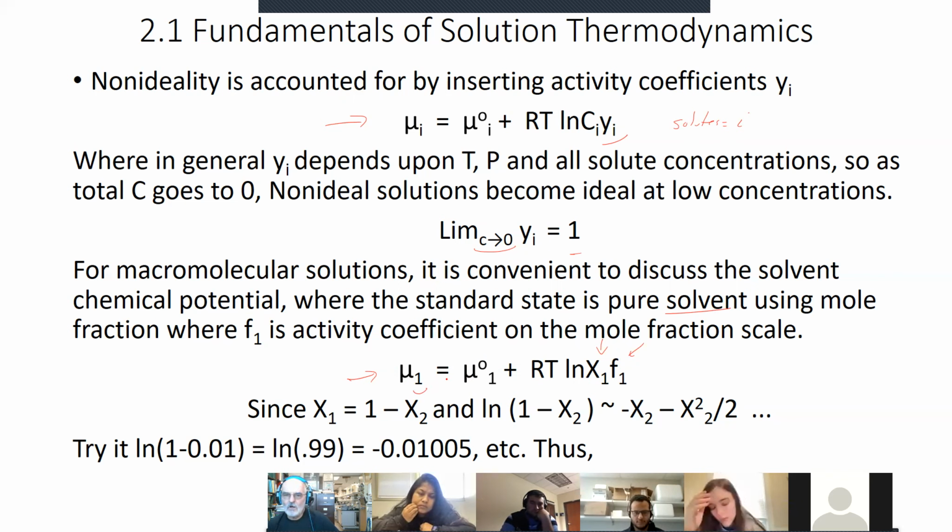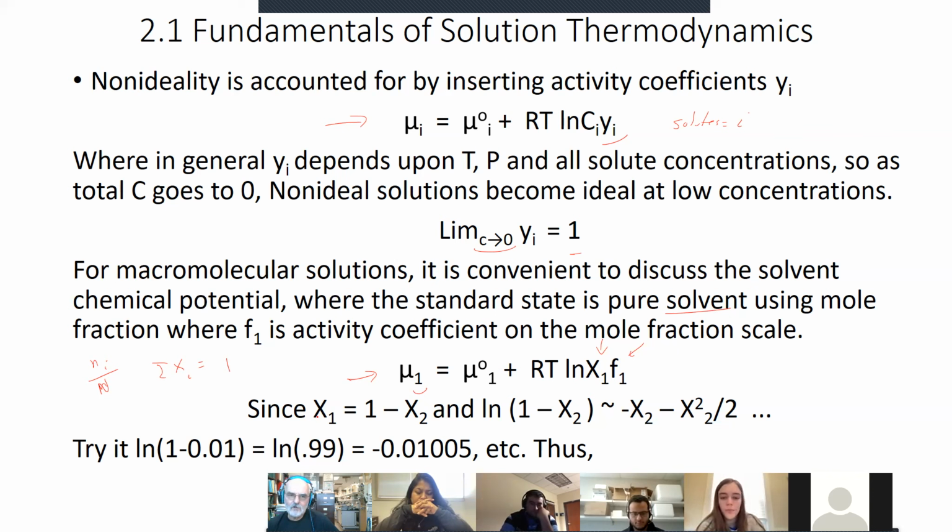Mu sub 1 is equal to mu 1 standard state plus RT ln of its mole fraction times its activity coefficient. So you already know mole fractions. The sum over all mole fractions is 1 because there's one total amount. It's the number of moles of I over the total number of moles. So the sum ends up being 1.